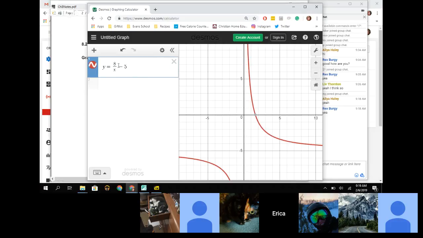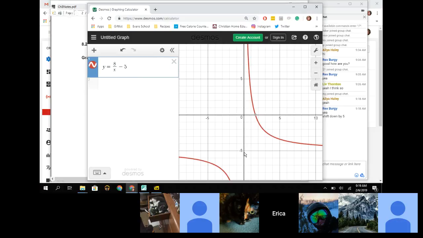It's going to take your whole graph and shift it down by 5. Yes, it's outside the function, so that means it's going to move it down by 5.